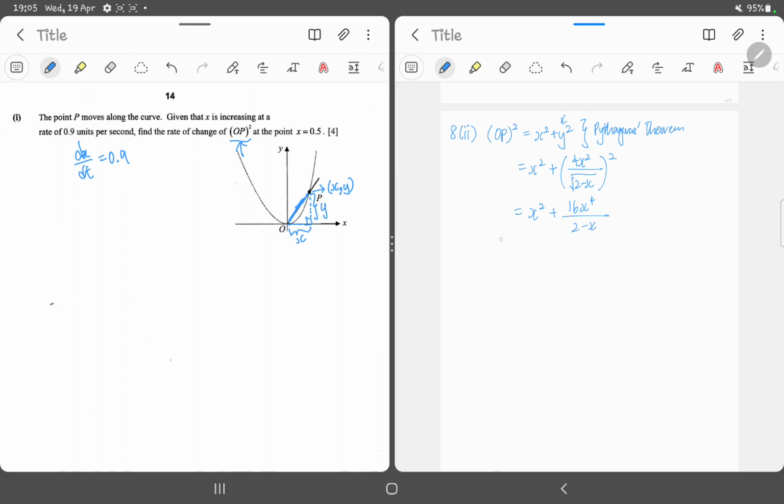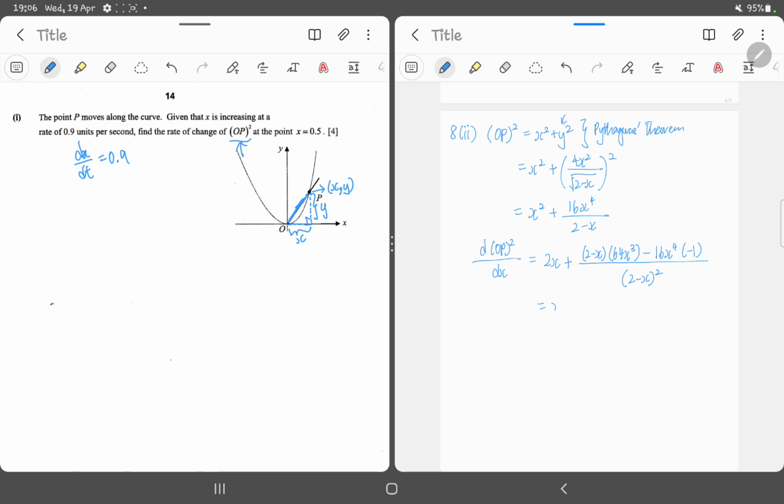So now we can differentiate OP squared with respect to x. So this gives us 2x plus, using the quotient law, 2 minus x whole thing squared, square the denominator, and I'm going to bring up the denominator, and I'm going to differentiate the numerator, and then minus, keep the numerator, differentiate the denominator.